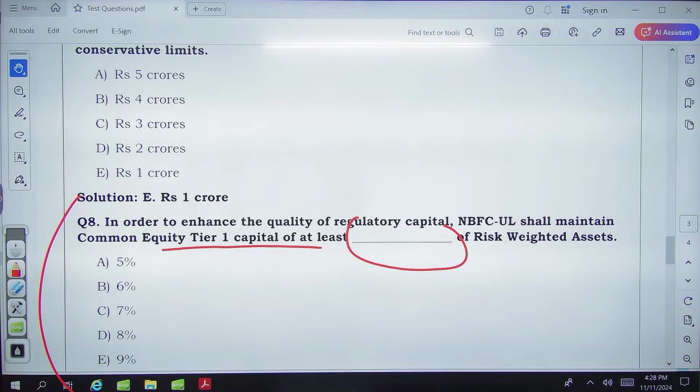If you remember the requirement of CRAR, then you will be able to understand or at least go nearby the CET1 capital. What do you think is the correct answer for this?